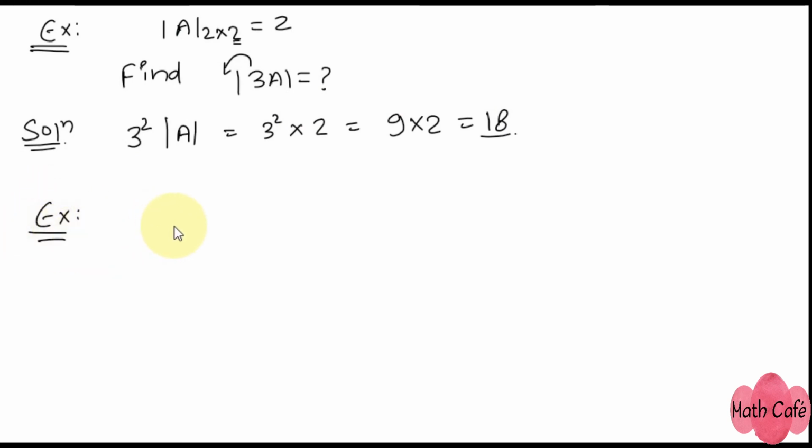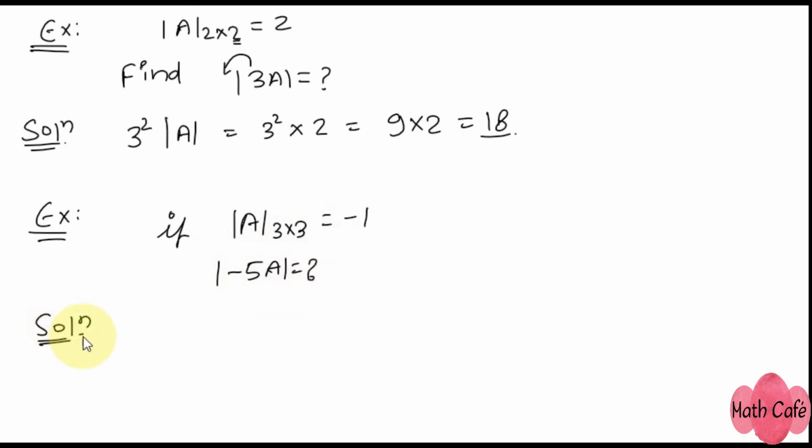Let's take another example. If we have been given that a determinant value of order 3 cross 3 is, let's say, -1, then we need to find determinant of -5A. Let's proceed with the solution. So for -5A, I can take -5 out of this determinant value, that will become -5 raised to n. n is the order of this matrix A, and the order of this matrix A is 3.